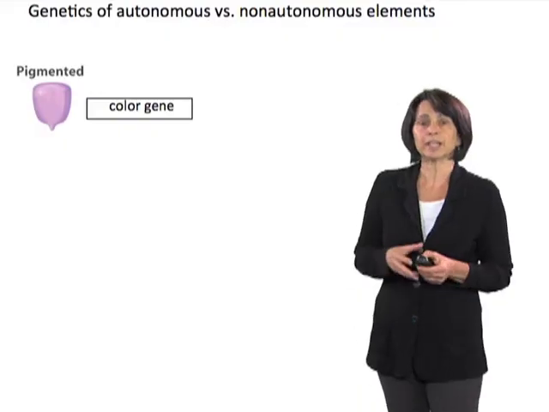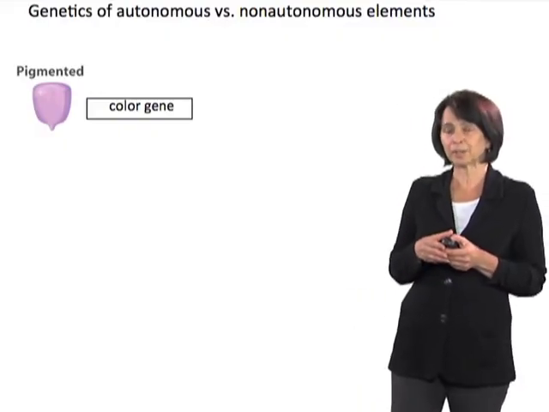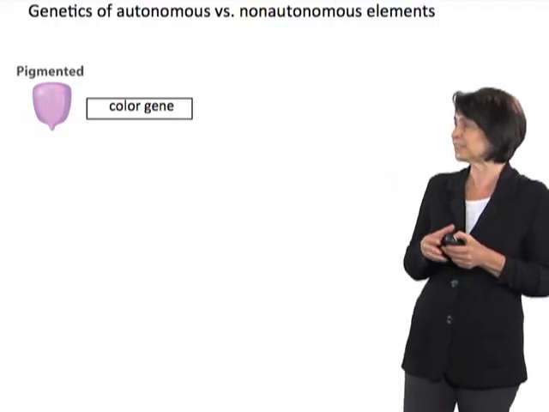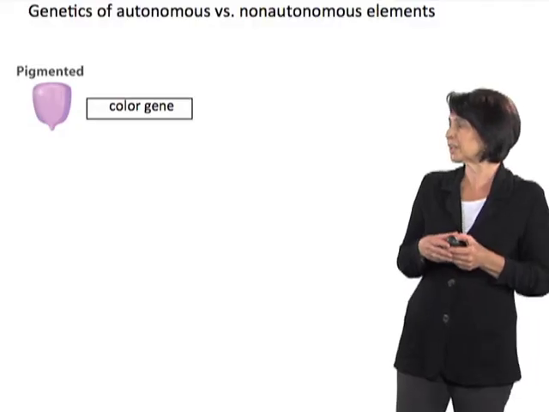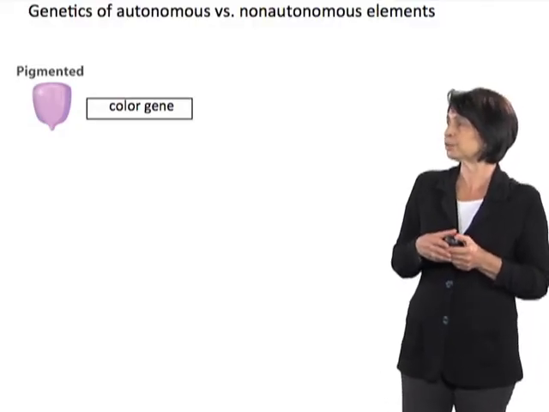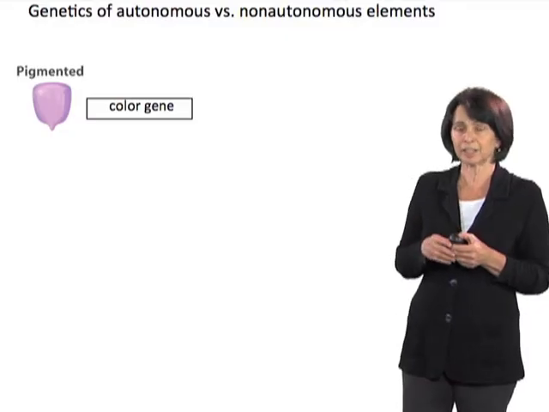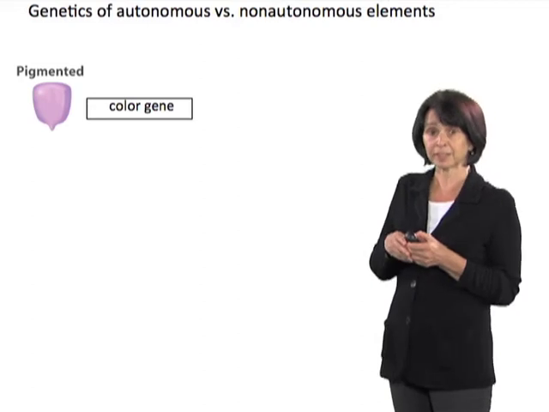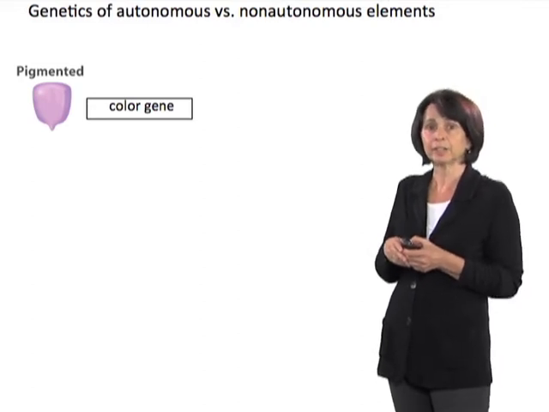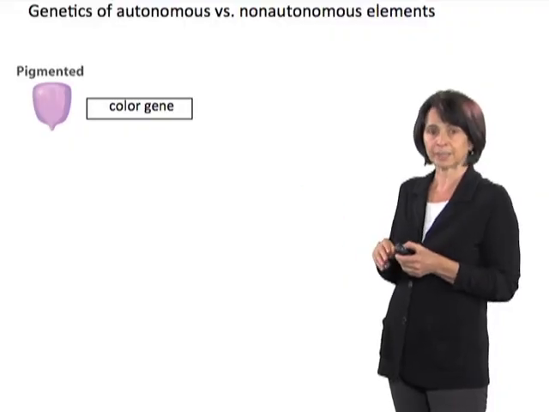So McClintock was able to use the behavior of transposable elements and the detailed resolution that the corn kernels facilitated to understand something about the behavior of the elements, and that's shown in this slide. What we have here at the top is a gene that's pigmented, because the color gene is wild type. That's one allele, a wild type gene.